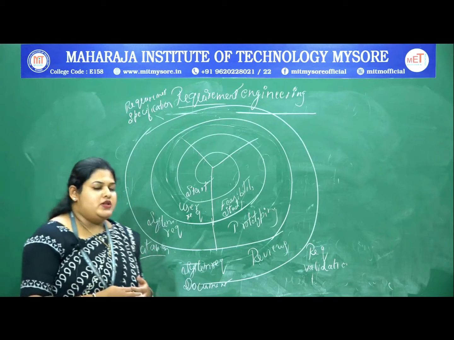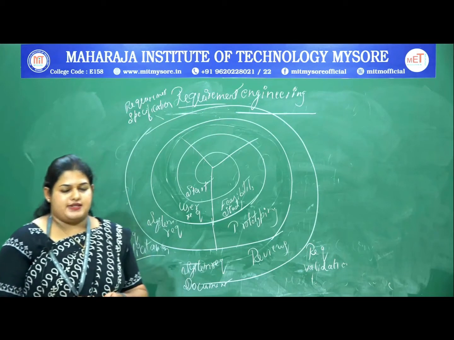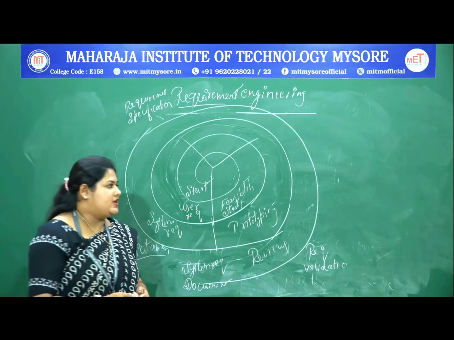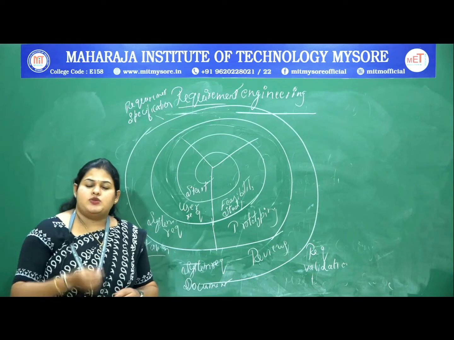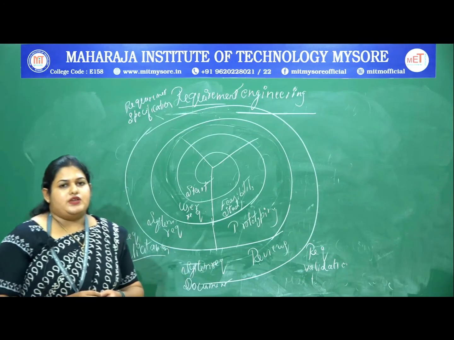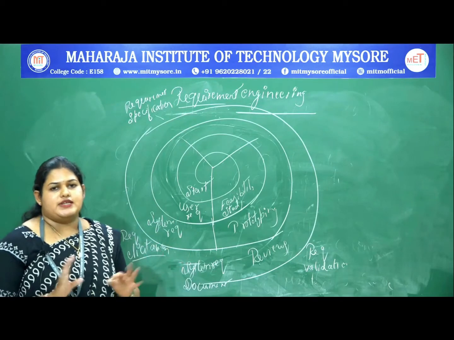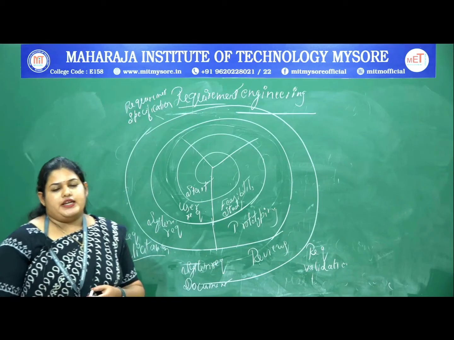For a real-time example, for the case study we have learnt in the last class, that is the mental health care system, the MHC-PMS, the patient monitoring system. With respect to that, if we talk about the user requirements, we will just get the details of the clinics.